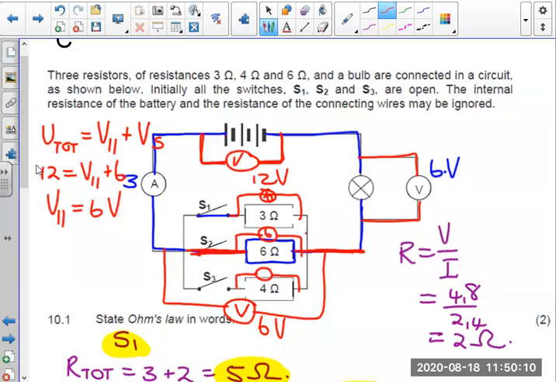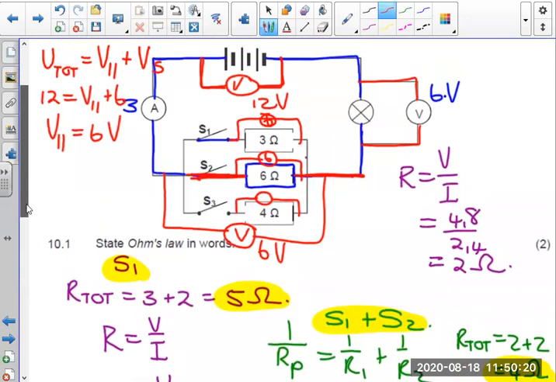So I have the voltage and I have the resistance, then I can work out the power. The equation I'm going to use is power equals V squared over R, which I think is the easier one to use.